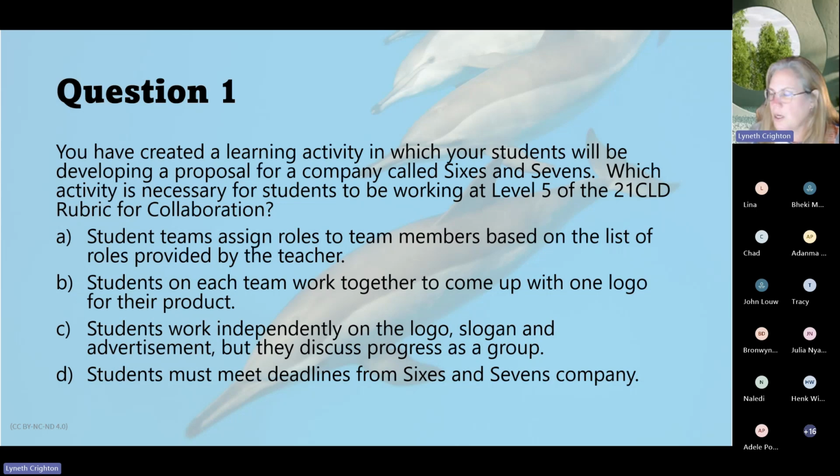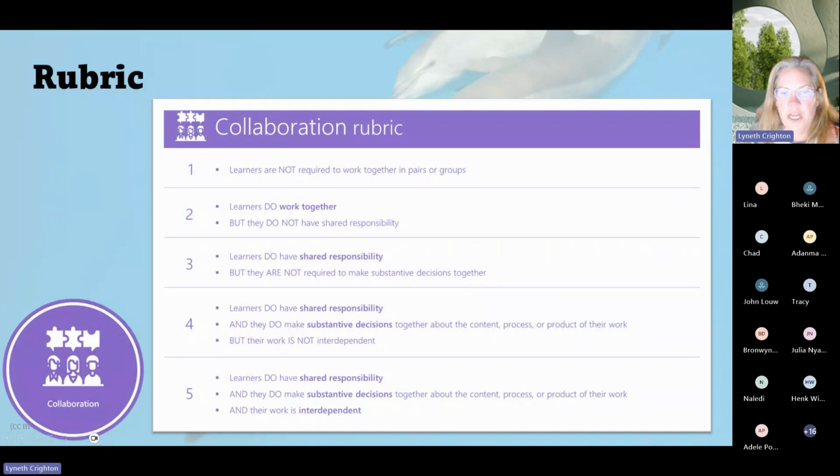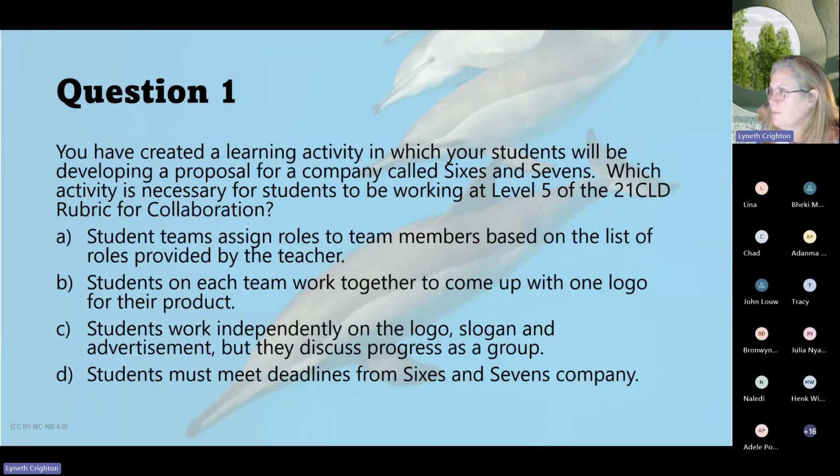Which one of those criteria or points about the task would make it a level 5? Anybody want to suggest? So remember, 5 is shared responsibility, substantive decisions on content, process, or product, and their work is interdependent.